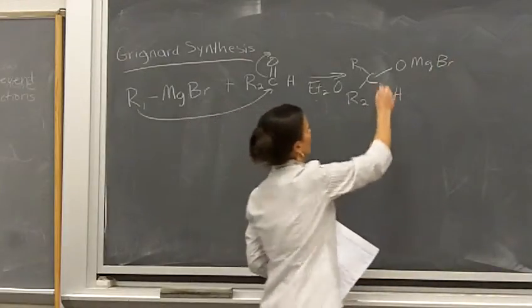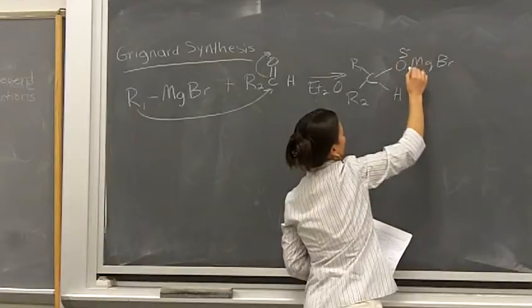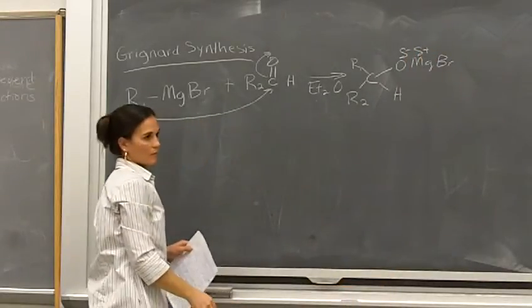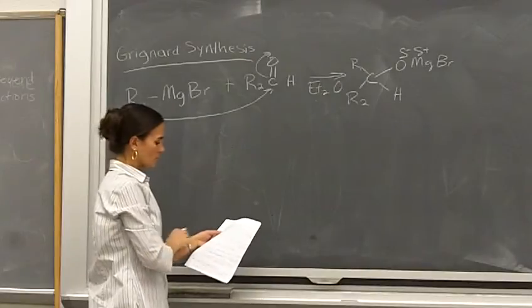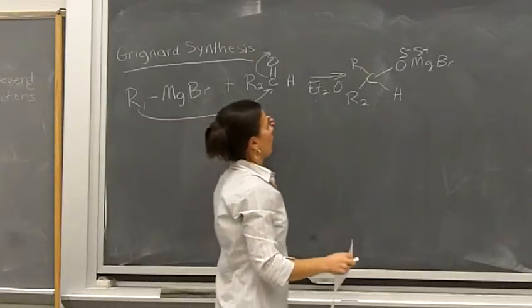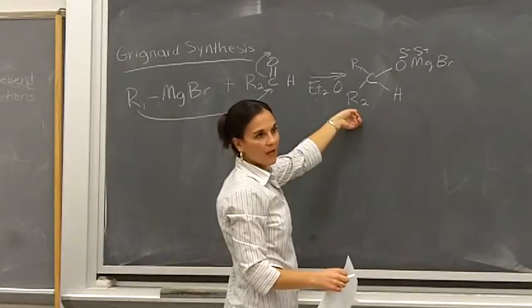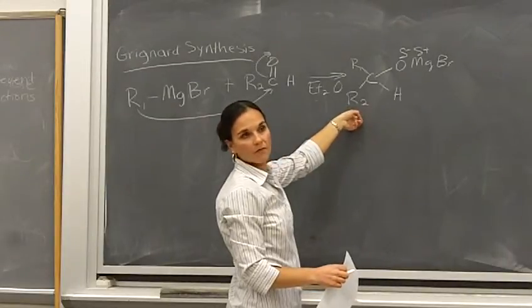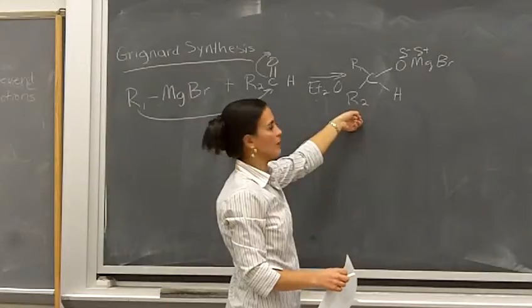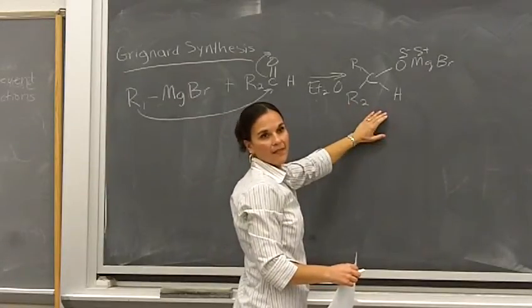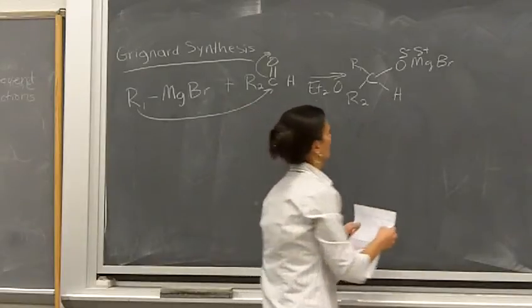And now, here's our partial negative charge, and our partial positive charge is still on our magnesium, okay? At this point, we don't have what we want yet. We have to do another step, which is going to be involved in the workup, okay? So we don't want to isolate our intermediate here.